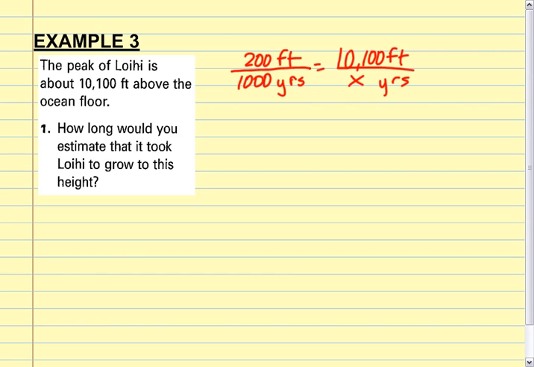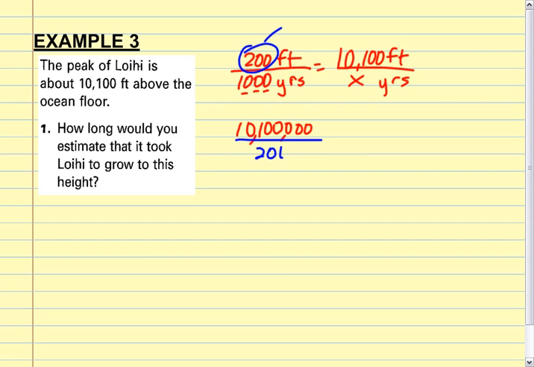Well, let's multiply. When you multiply by 1,000, you can just write 1, 0, 1, 0, 0. Okay, that's the 10,100. And then add 3 zeros to it. 1, 2, 3. Okay, so that's 10,100,000. Then I'm going to divide by the number that's left over, 200.